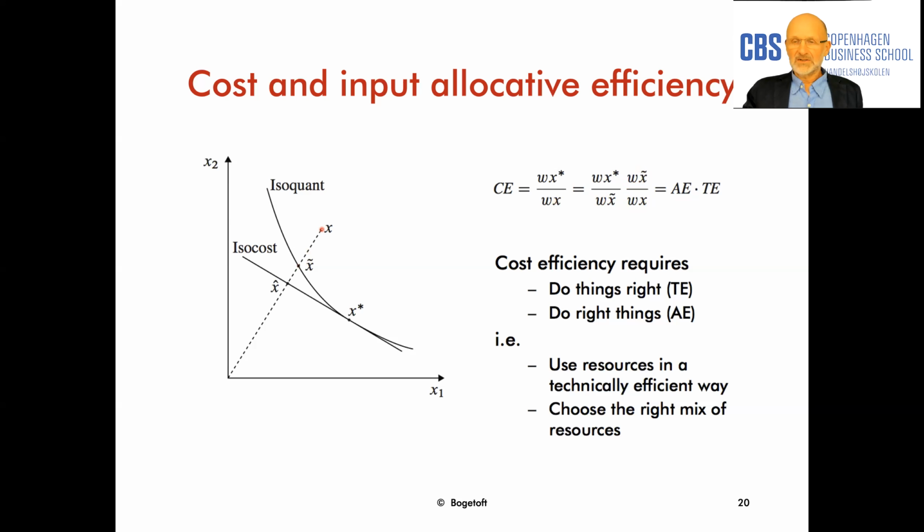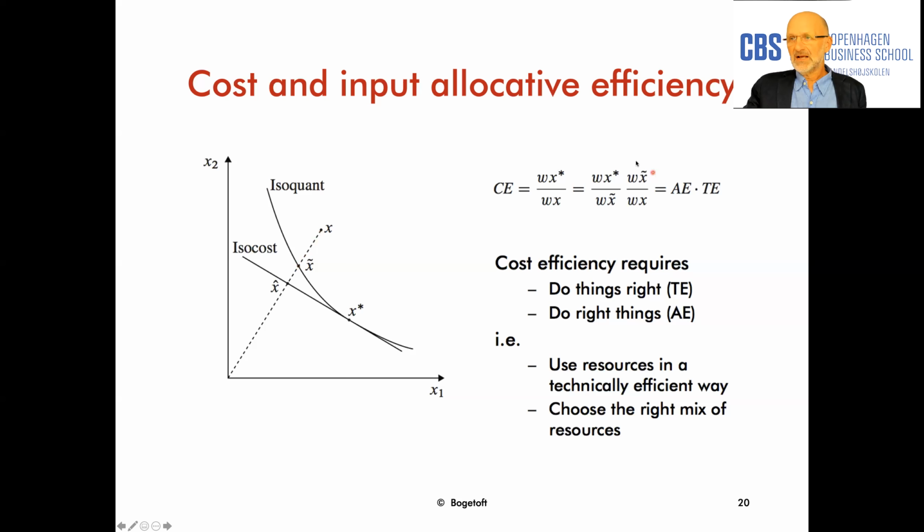It doesn't really matter which price vectors you use. You can always calculate technical efficiency, not just as the factor you can use to proportionally reduce all the inputs. You can also say it's the cost of my present level compared to the cost at the projection point I get when I move towards the zero point.